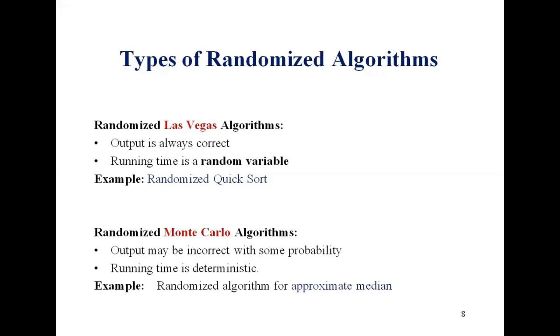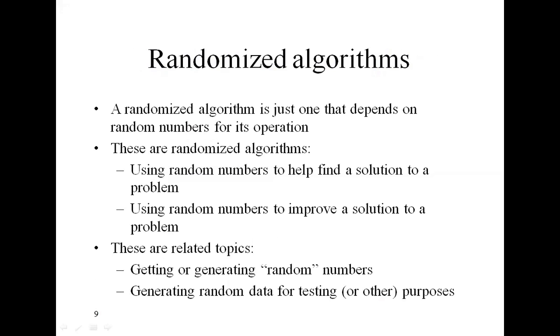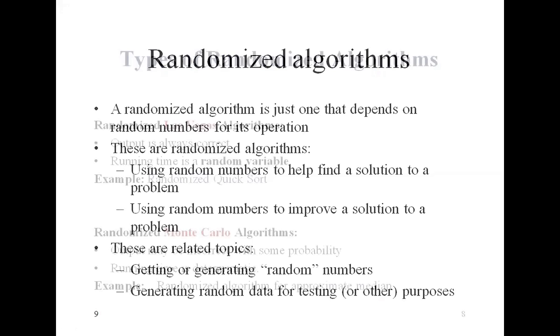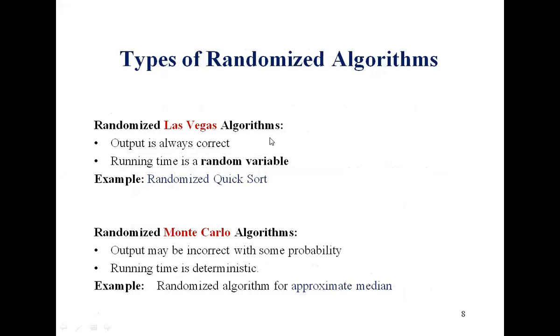Randomized algorithm for approximate median: you want to find a median of the given array elements approximately, then you can use this randomized algorithm. So for Las Vegas algorithm, a good example is randomized quicksort.